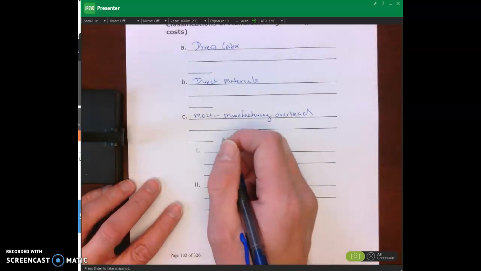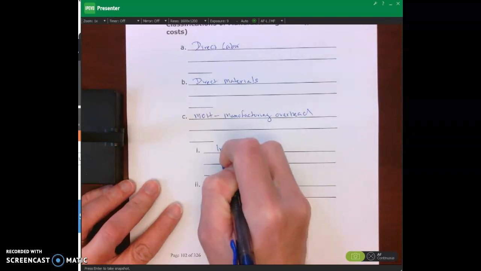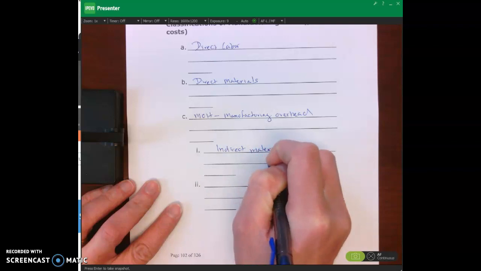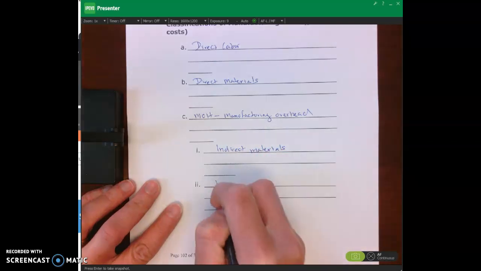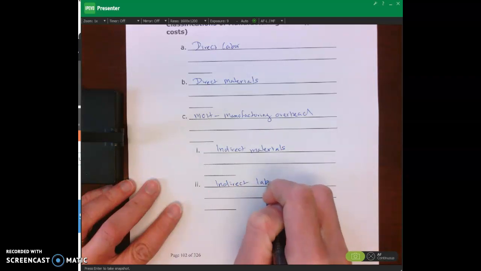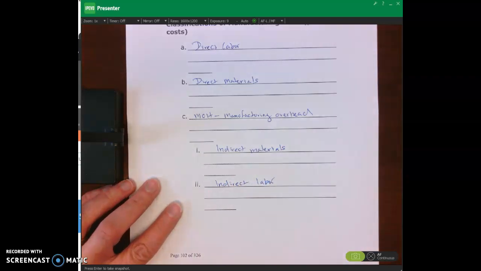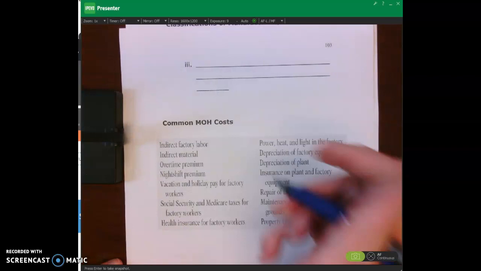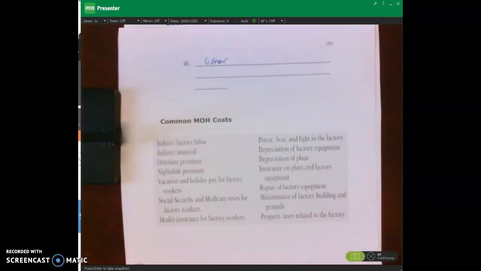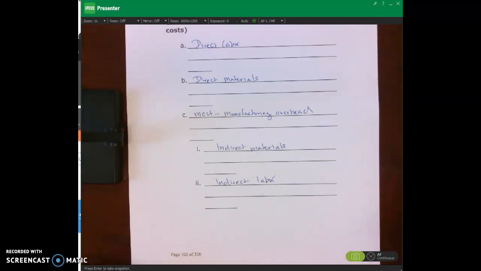We have our indirect materials, indirect labor, and then on the next page where it continues, other manufacturing costs. So let's go through and define these.